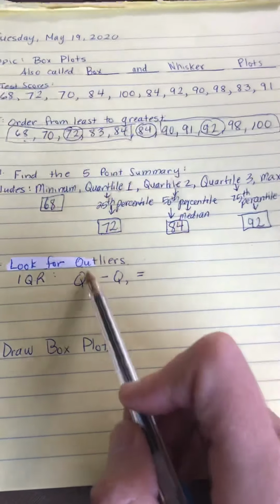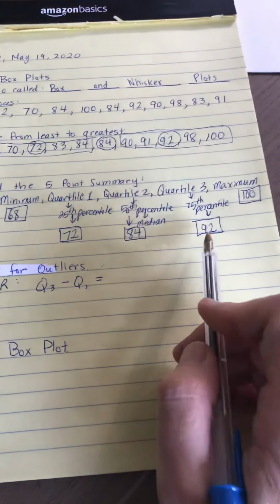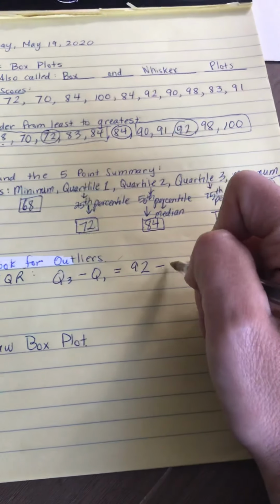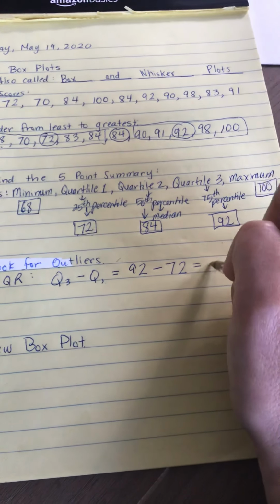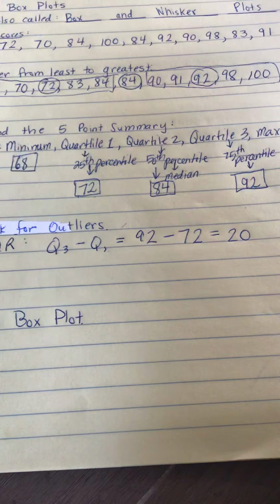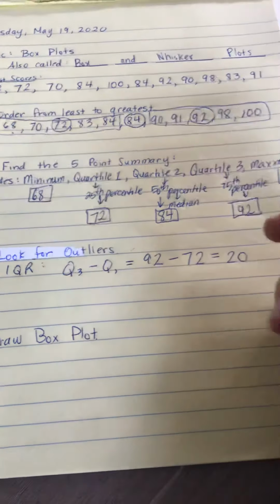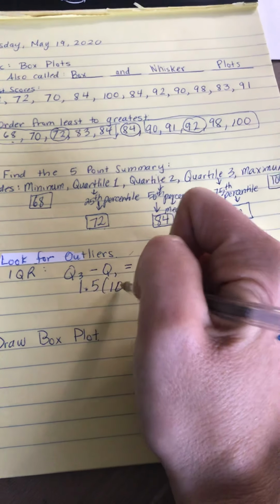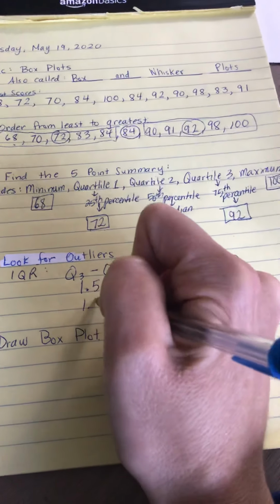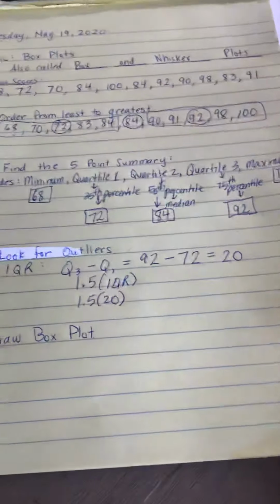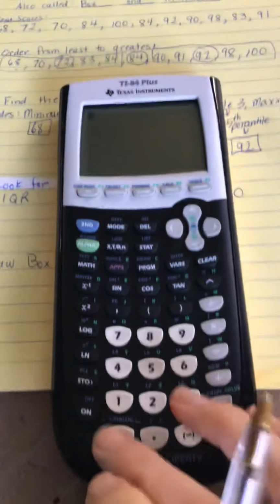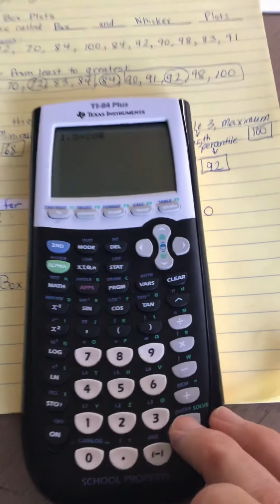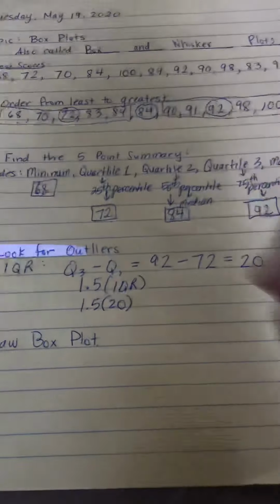So it shows you that cluster. So Q3 minus Q1. Q3 is 92 and Q1 is 72. So you subtract that and you get 20. And then you do 1.5 times the IQR. So it's 1.5 times 20, and you get 30.